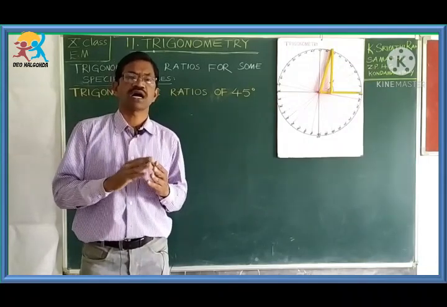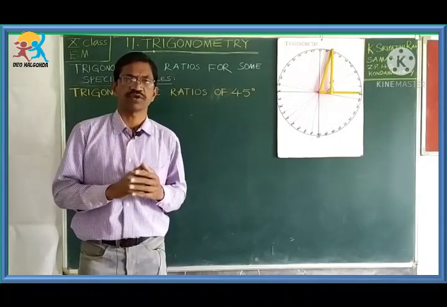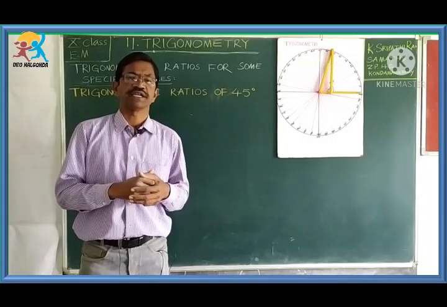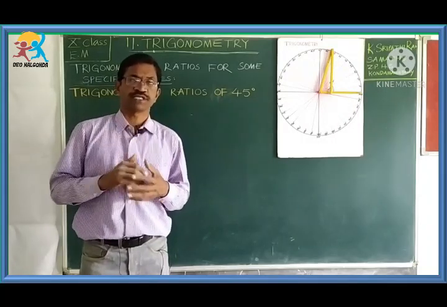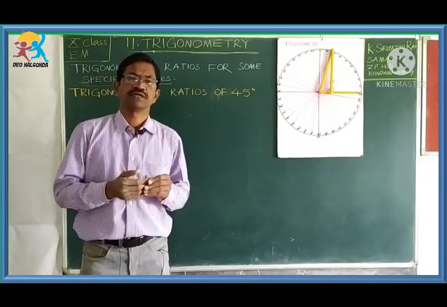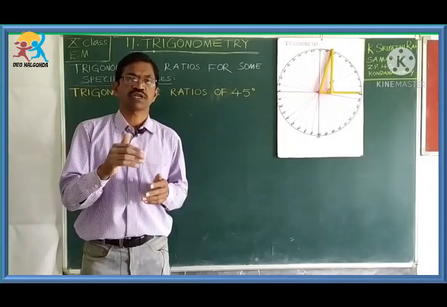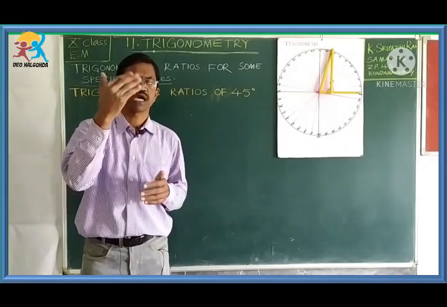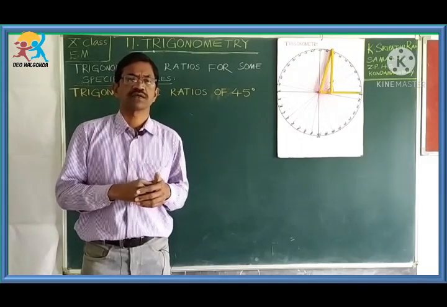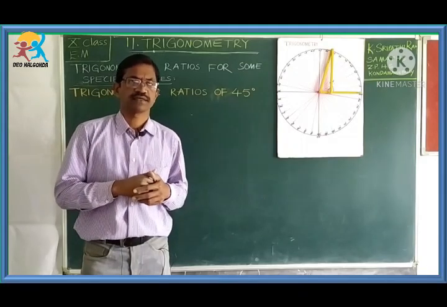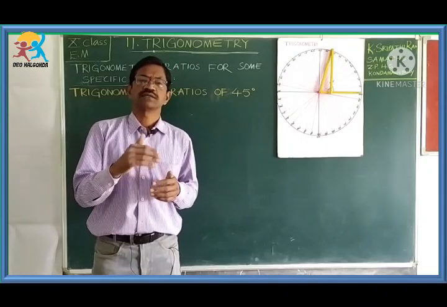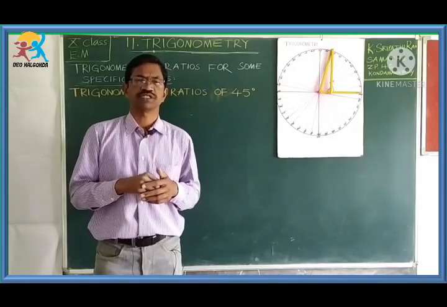Sin theta is opposite side to angle theta by hypotenuse, cos theta is adjacent side to the angle theta by hypotenuse, tan theta is opposite side by adjacent side, cosec theta is the reciprocal of sin theta, hypotenuse by opposite side, sec theta is the reciprocal of cos theta, hypotenuse by adjacent side, and cot theta is the reciprocal of tan theta, that is adjacent side by opposite side.